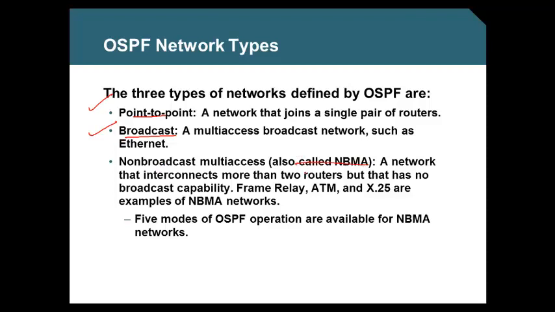What is NBMA? A network interconnected to more than 2 routers but that has no broadcast capability. They can't support broadcast. Examples are frame relay, ATM, X.25. So for this non-broadcast multi-access, we have 5 modes of operation.